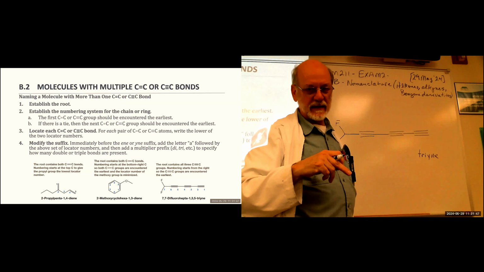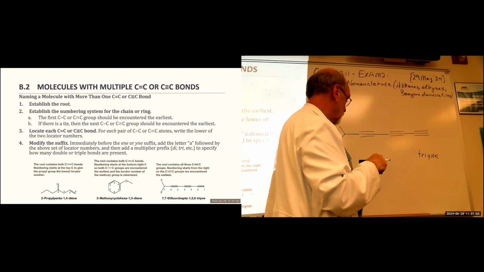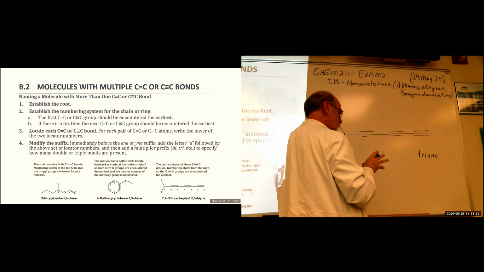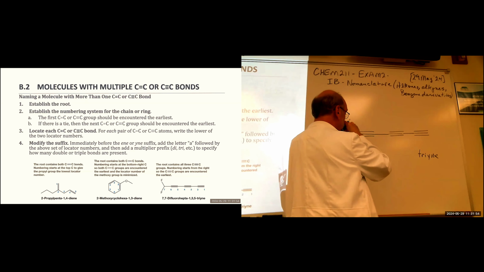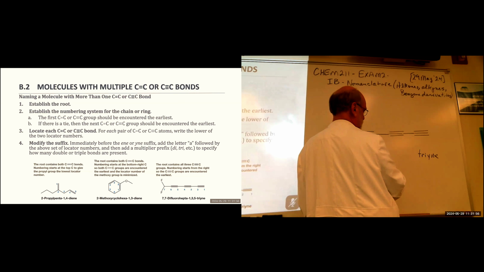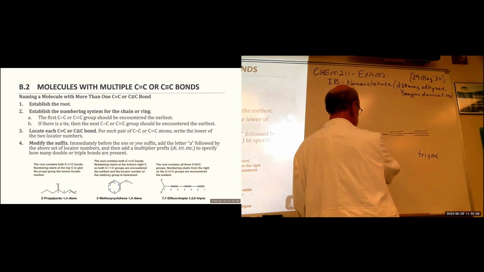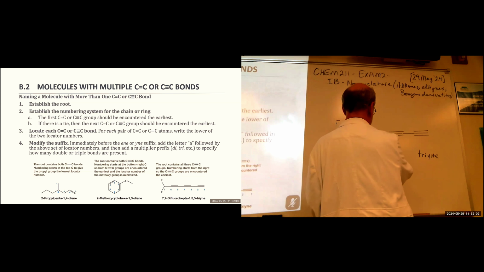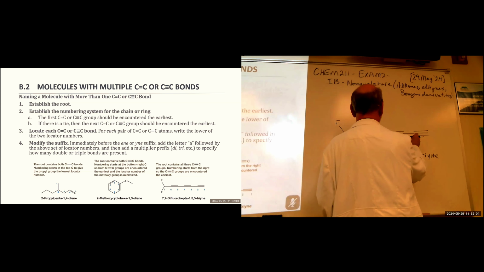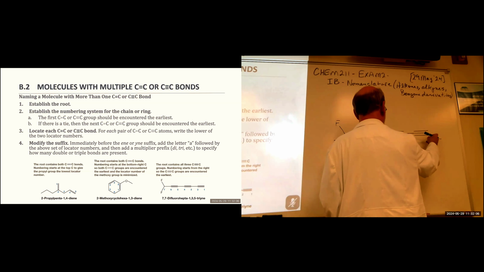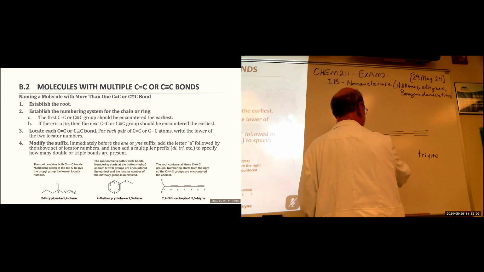What position are they at? Well, we want the smallest numbers for the ynes, rather than starting from this end, which would give us a 2, 4, 6. We want a 1, 3, 5.